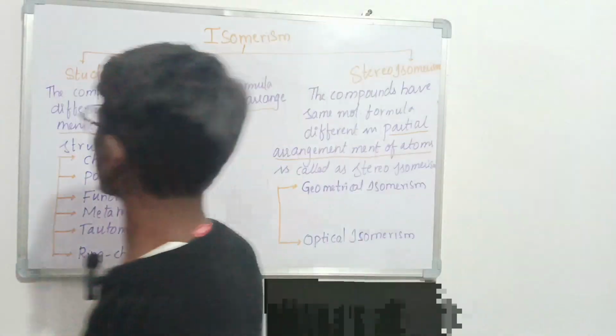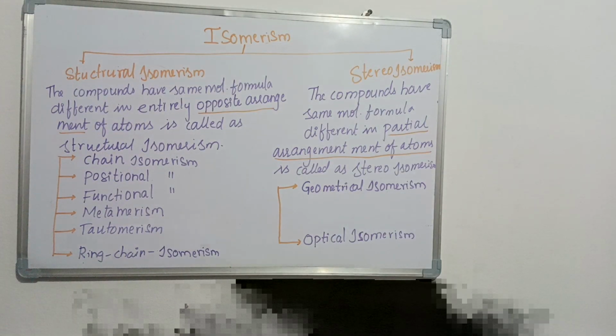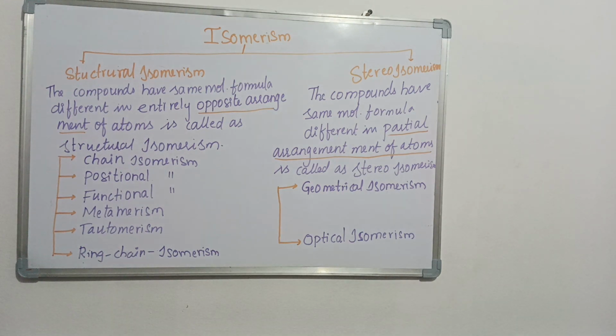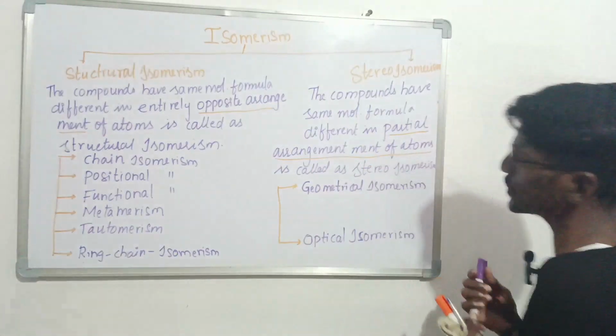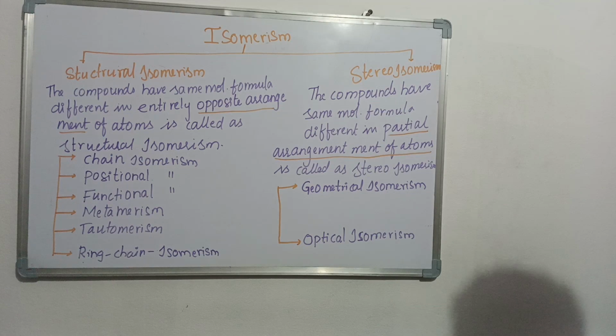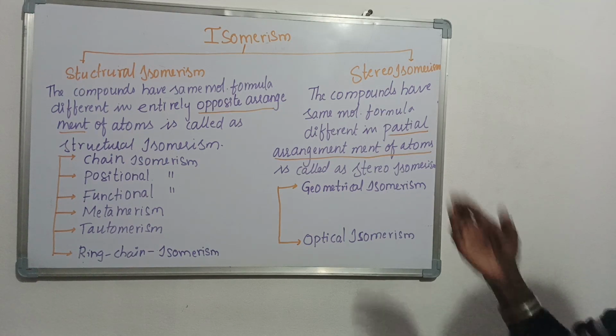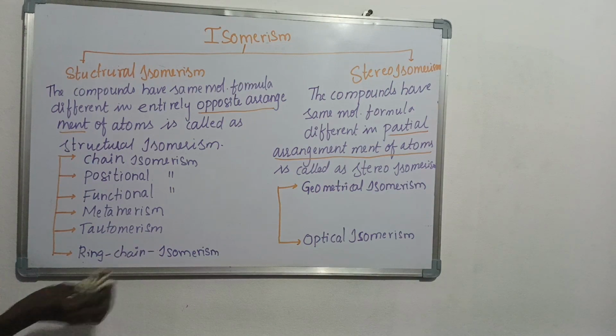Structural isomerism is again classified into chain, positional, functional, metamerism, tautomerism and ring chain isomerism. Stereoisomerism is classified into geometrical isomerism and optical isomerism. We will discuss each and every one by one.